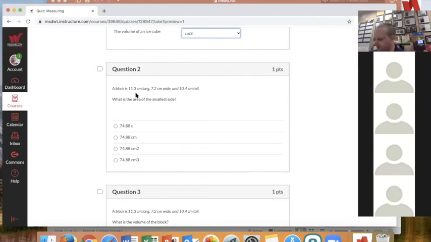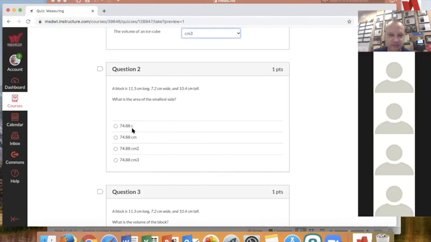And we want to take the two numbers that are the smallest, and we want to multiply them together. So the two smallest ones are 7.2 times 10.4. I'm just putting this on my calculator. And when I hit equals, I get the right answer. It's 74.88. But we need to figure out the units.